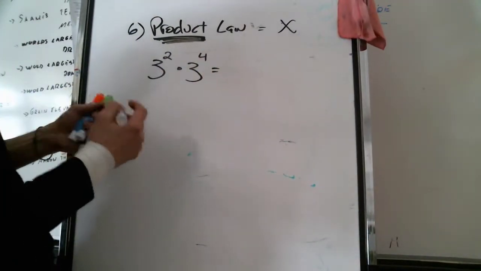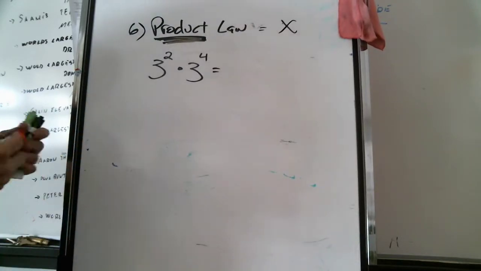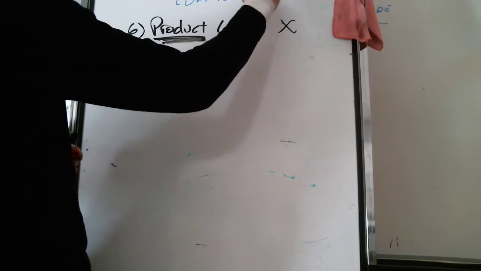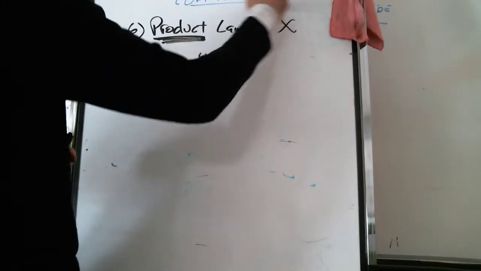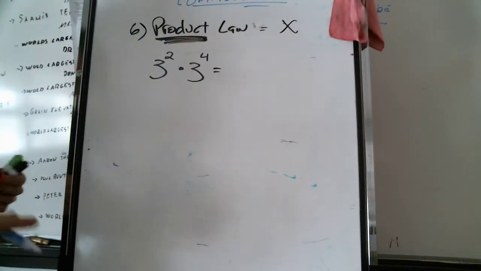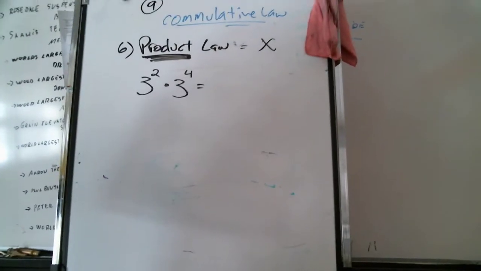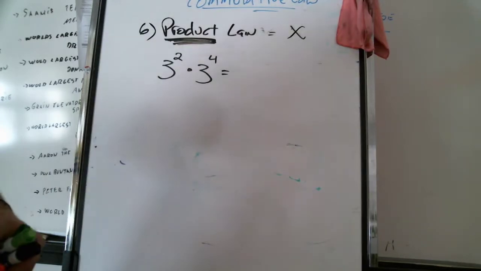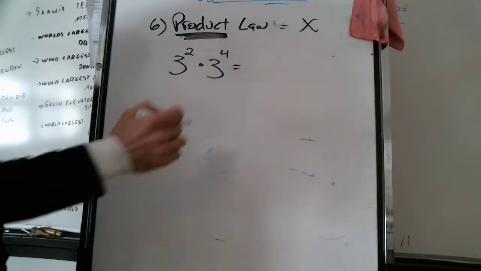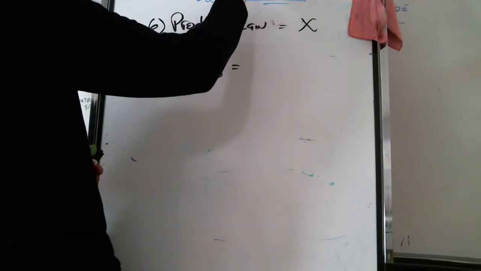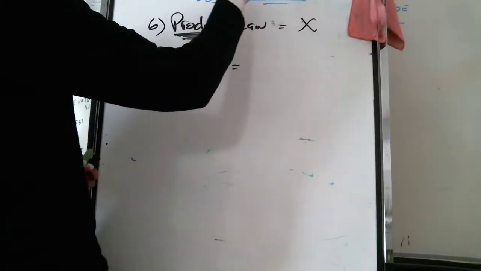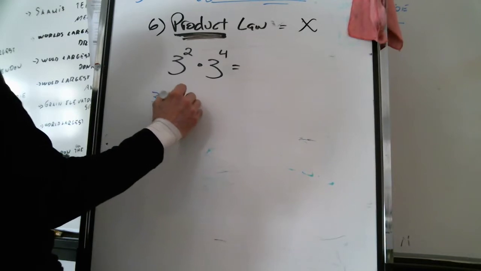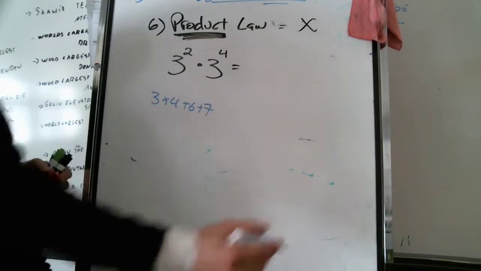The other big thing that you need to keep in mind here is something called the commutative law. By now, this has to be memorized. What this states is that if I am adding or multiplying, so if I have 3 plus 4 plus 6 plus 7, it doesn't matter what order I do that in.